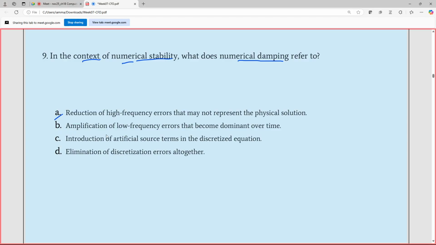Option B, amplification of low frequency errors that become dominant over time. Option C, introduction of artificial source term in the discretized equation. Option D, elimination of errors altogether. So, what is meant by numerical damping in the context of numerical stability?